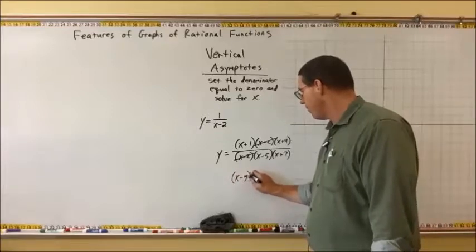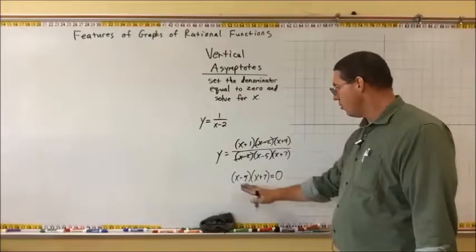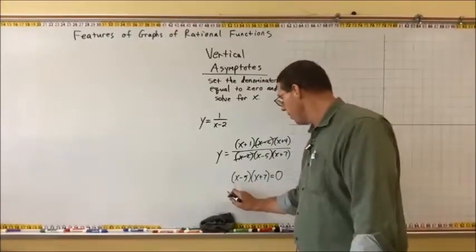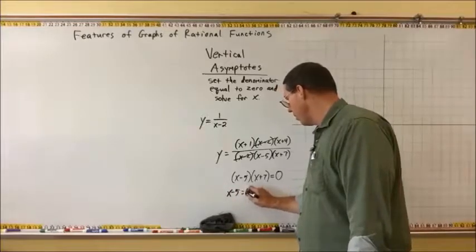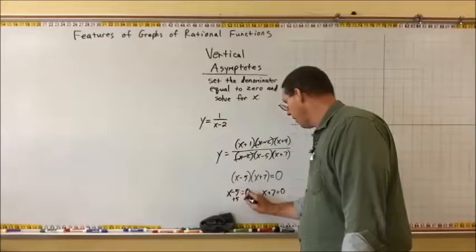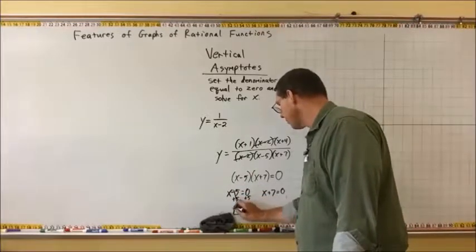x minus 5 times x plus 7 equals 0. And the way we solve this is set each one of these factors equal to 0 by itself. So x minus 5 equals 0, and x plus 7 equals 0. Add 5, and x is equal to 5.